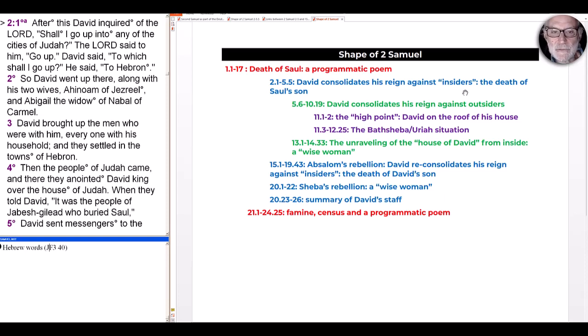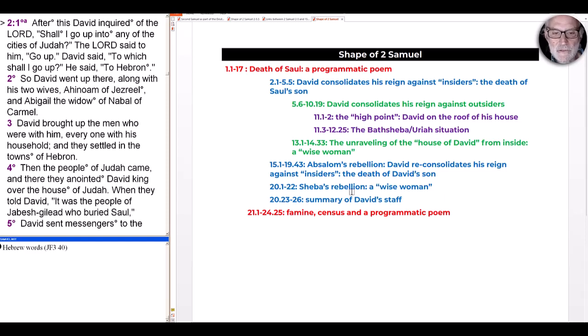They're people of Israel, as opposed to the Amalekites or the Philistines or some of the other folks who are plainly outsiders. And that's parallel, as I was just noting, to Absalom's rebellion, which is also consolidating against insiders. So he begins by consolidating his reign against the insiders of the House of Saul, and then reconsolidates his reign against the insiders of his own house.